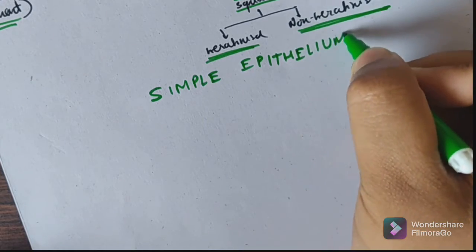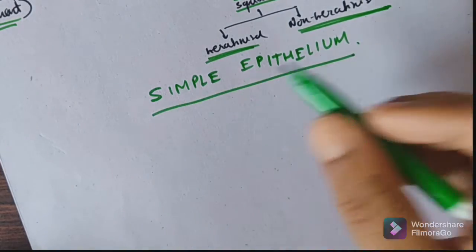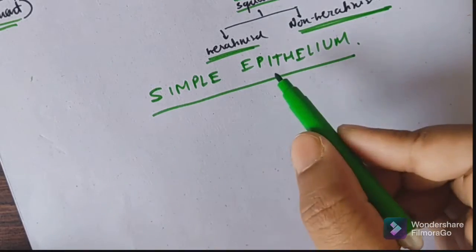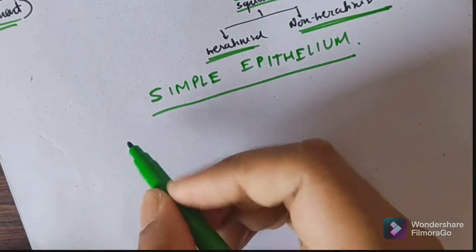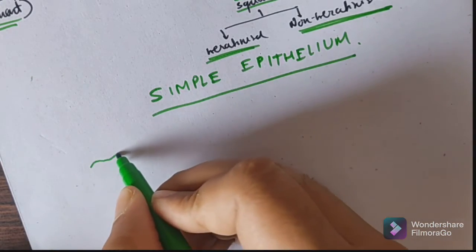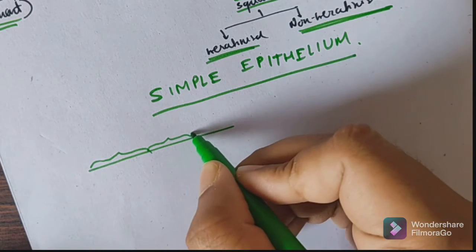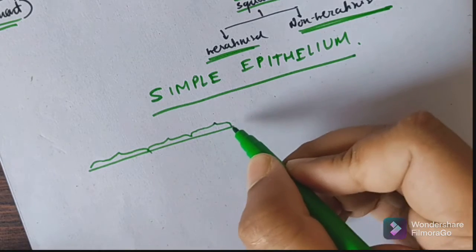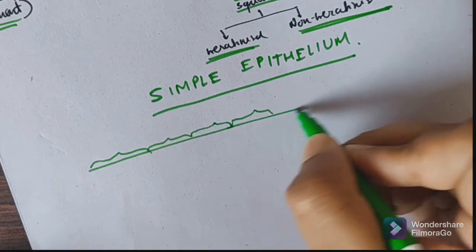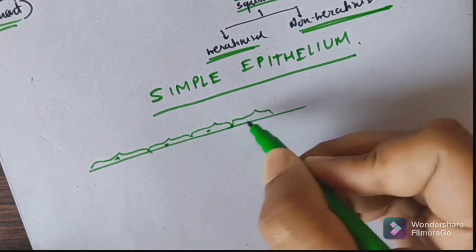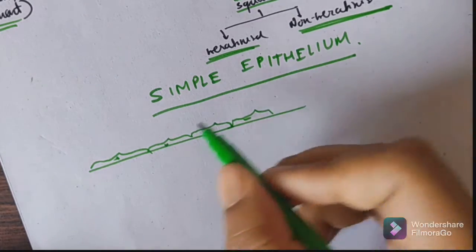Now the simple epithelium is a single layer of epithelial cells, okay, resting on a basement membrane. So they are generally like this. Now they contain a single layer of cells, okay.